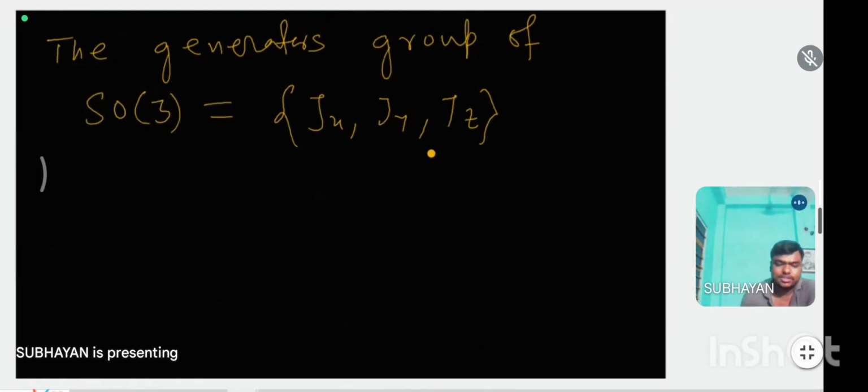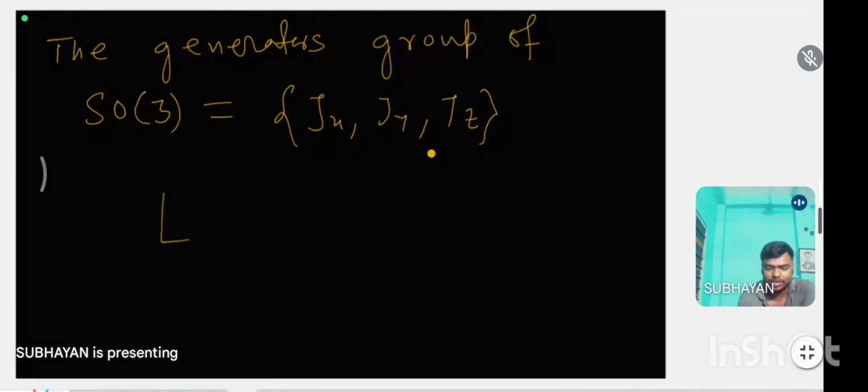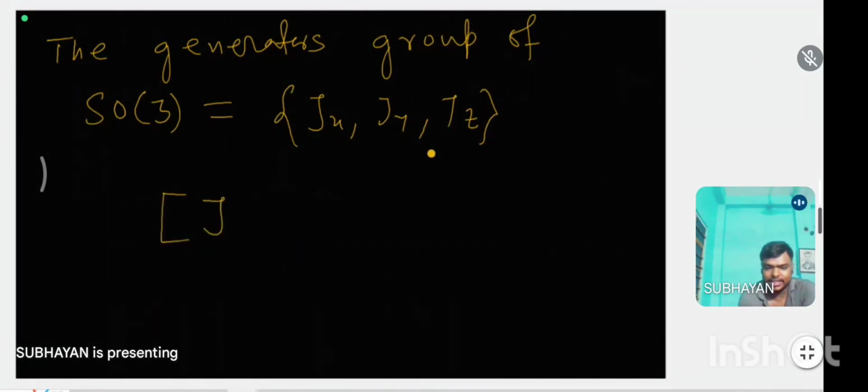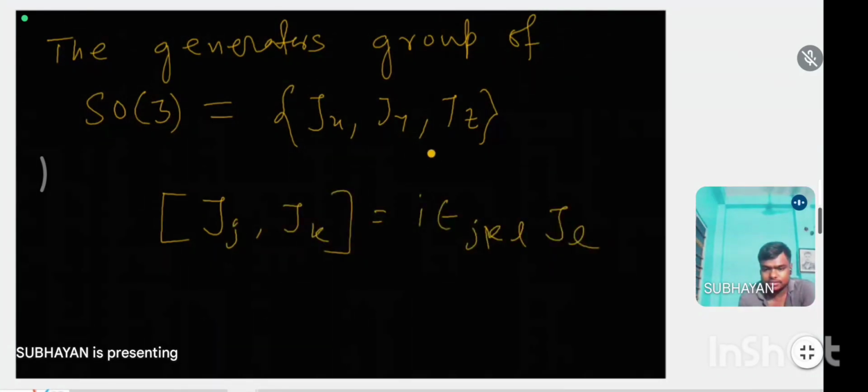These are known, and if you try to find the commutation relation of these Jx, Jy, Jz, you know the commutation relation: [Ji, Jj] is equal to i epsilon ijk Jk.